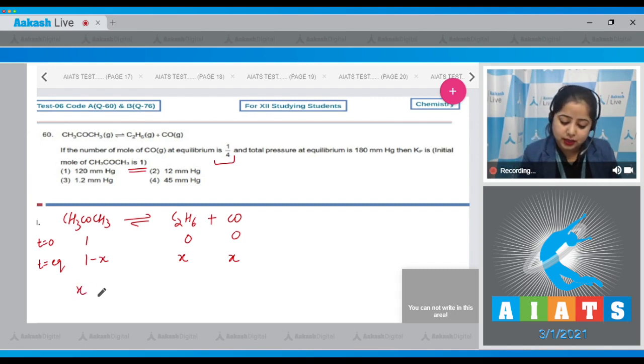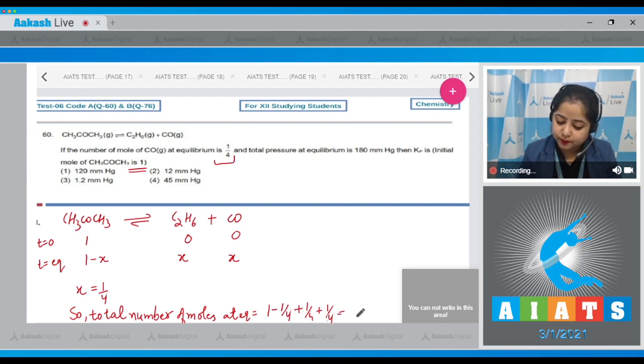That means X is equal to 1 by 4. So we can calculate the total number of moles at equilibrium. Total number of moles at equilibrium is equal to 1 minus 1 by 4 plus 1 by 4 plus 1 by 4, which is equal to 5 by 4.